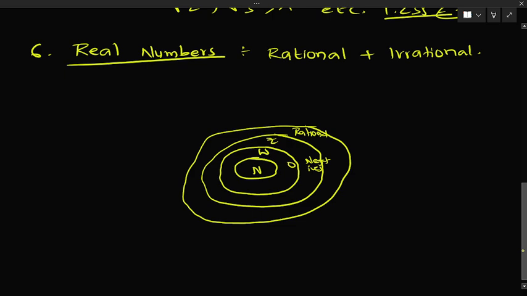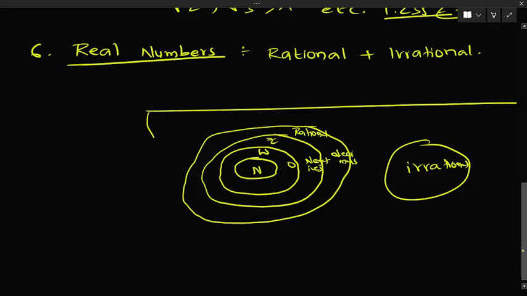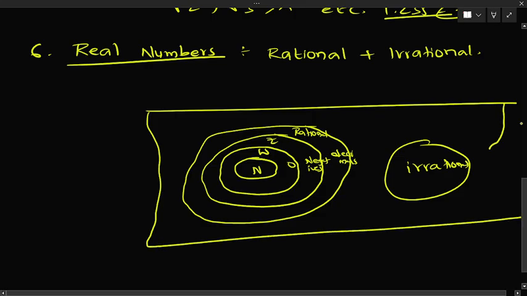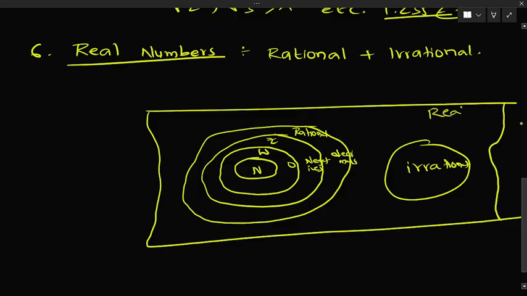Along with negatives, decimals are added. And here separately are the irrational numbers. By considering all these numbers, new numbers arise called real numbers. So real numbers are a combination of natural numbers, whole numbers, integers, rational numbers and irrational numbers.